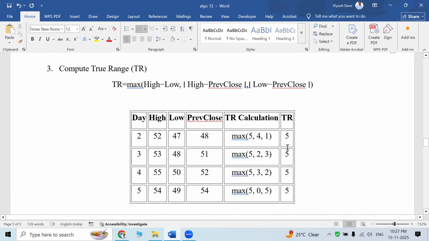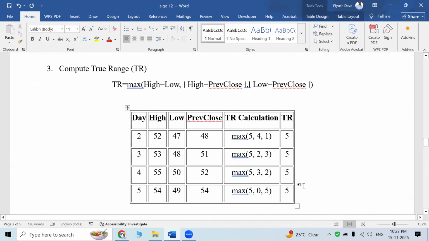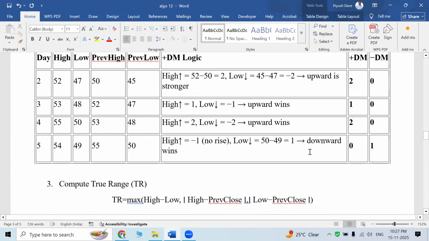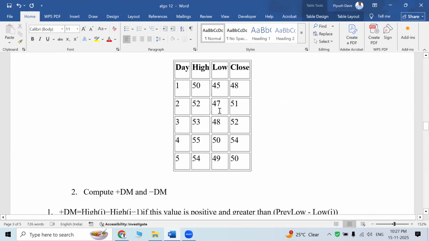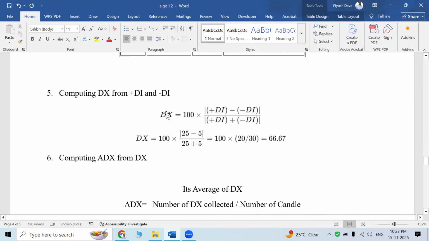So first we will calculate the true range and the average of this is average true range. So for ATR, we will take this table. For plus DM average, we will take this table. DM will be calculated from this candle. Once we get the DI, we will calculate DX from DI.